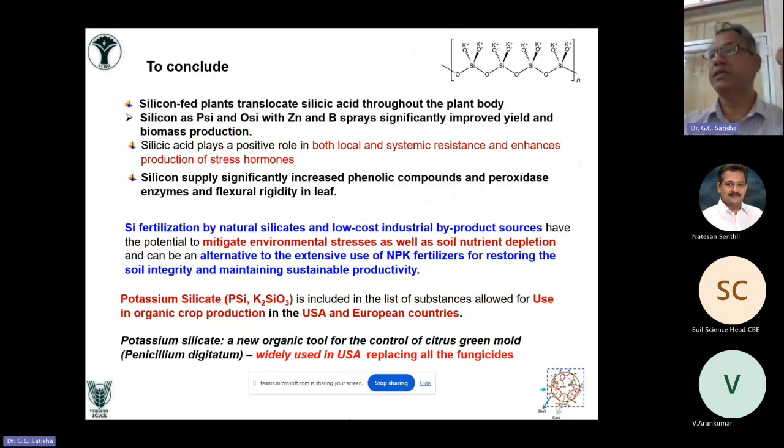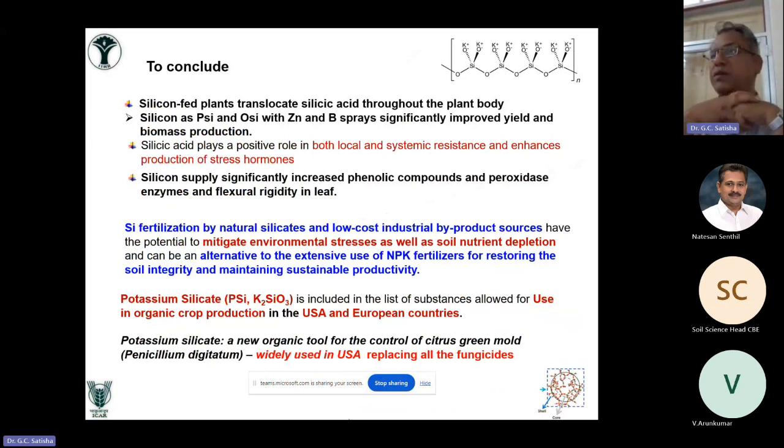Finally, when we conclude, silica peptides conjugate with salicylic acid throughout the plant body. This we have noticed in the roots, stem, shoots, and leaves. And silica fertilization by industrial silicates, a low-cost industrial byproduct, has a significant and very important role in mitigating these stresses.